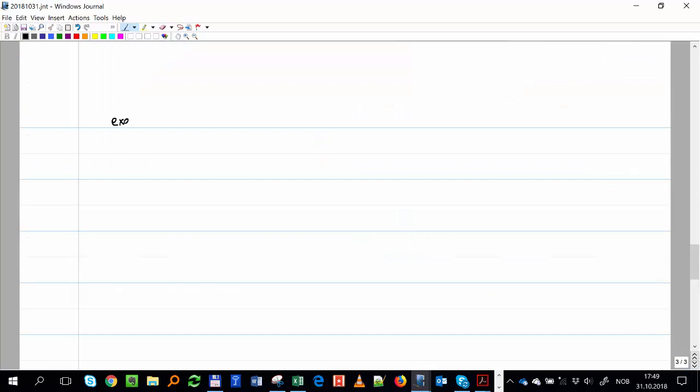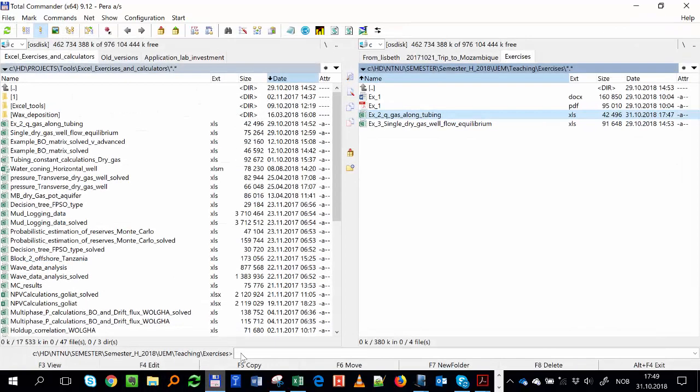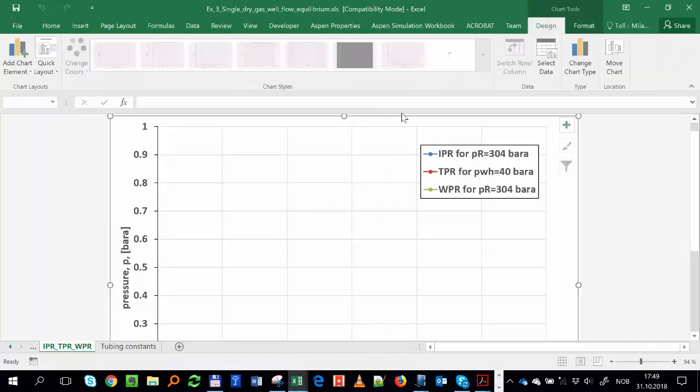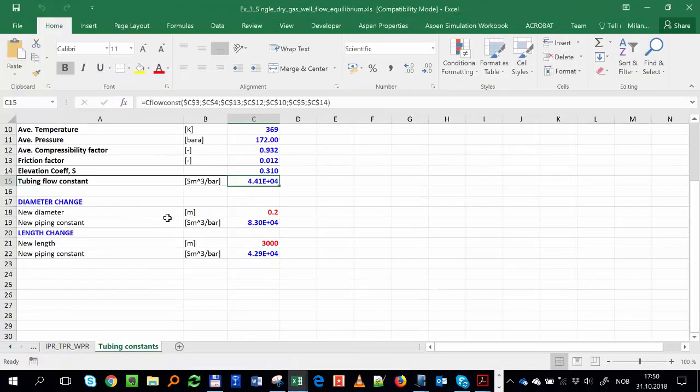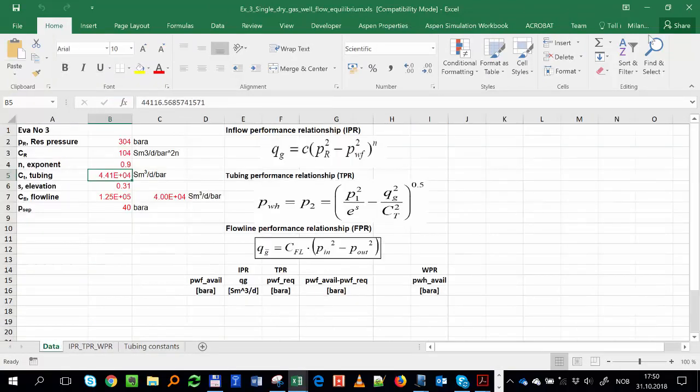Now for exercise 3, you have to solve flow equilibrium. That's the one we have done yesterday. You have to solve this exercise by yourself.